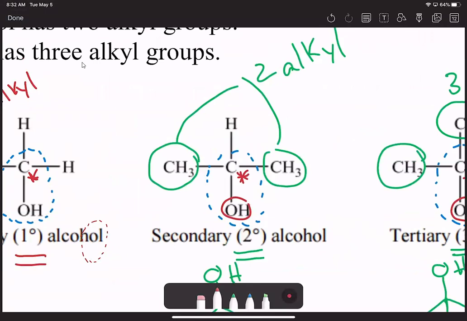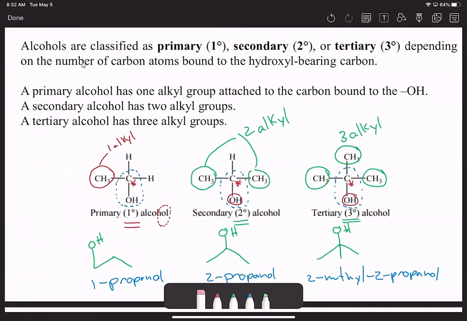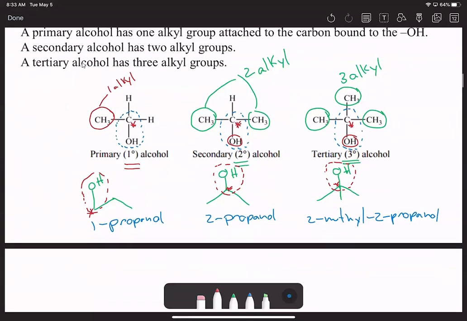But if I circle this here, there's my alcohol group. Here's the carbon. Here's my alcohol group, and here's the carbon that it's attached to. And in each case, I can identify how many carbons are bonded to this carbon. Just this one.